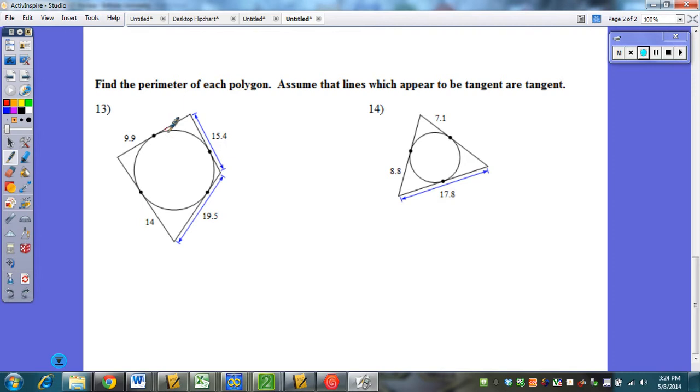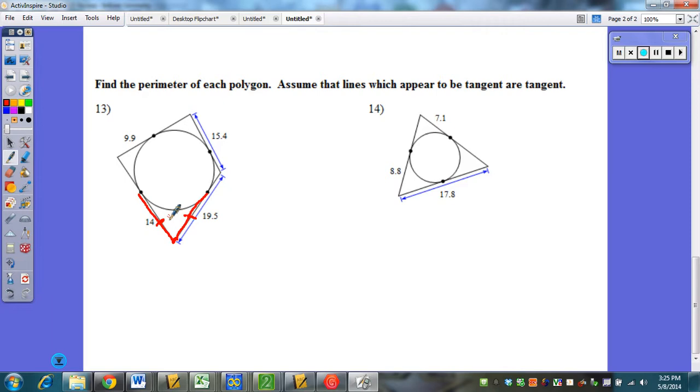So again, I have to remember that if I have an exterior point, and that line is tangent to a circle, from the exterior point to the point of tangency, they're going to be congruent to each other.